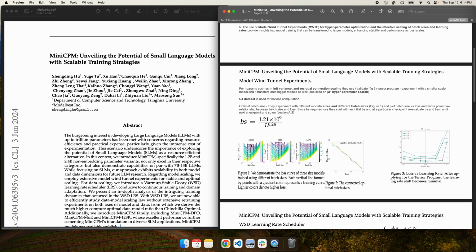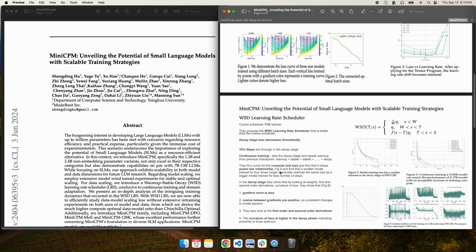They take the lowest value of the parabolic curve as the optimal batch size, and they plot the batch size versus loss, and they find that there is a log-log relationship between the two. This means that to start off, you wouldn't know what the batch size is because you need to have some runs to get a good estimate of the loss. So they start off with some initial batch size, and then they compute the loss and then readjust the batch size dynamically after each checkpoint. That's how they find their optimal batch size.